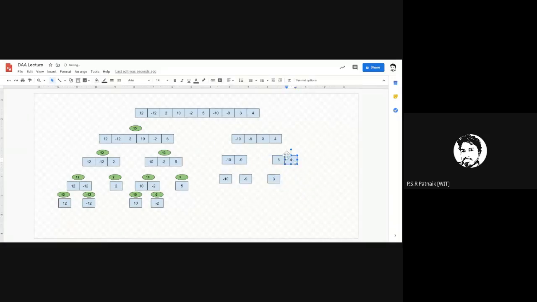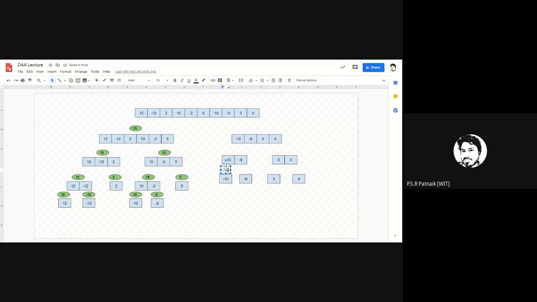So here I get this part. I'll not type all of this. So here the maximum sum I get is minus 10.